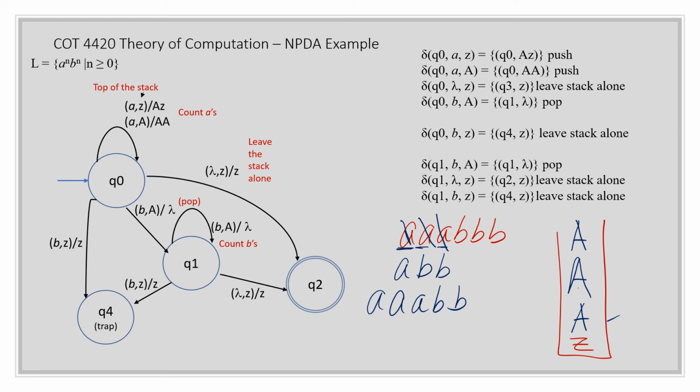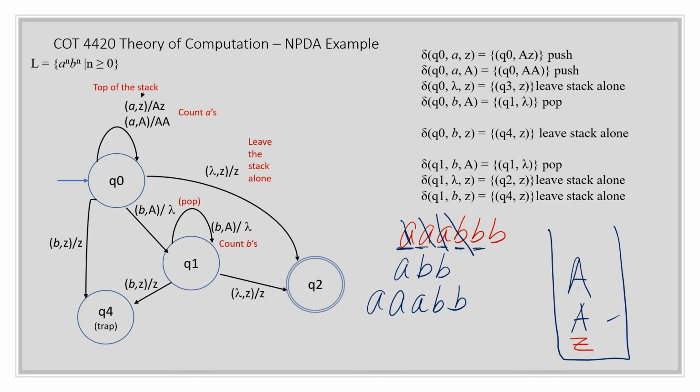Now I have encountered a B, right? So what am I going to do? I'm going to look at the stack. I have a B, and there's an A on the top of the stack, so I'm going to pop that A. Oh, here's my stack. Pop that A off and consume the B and move to Q1.